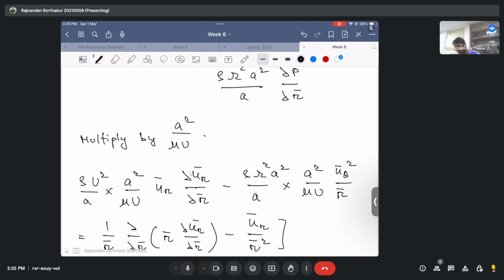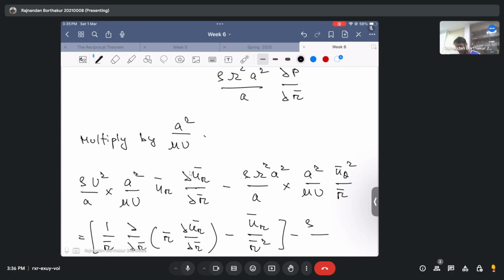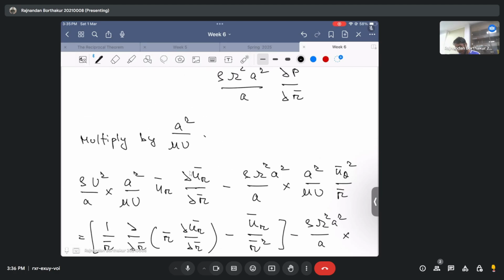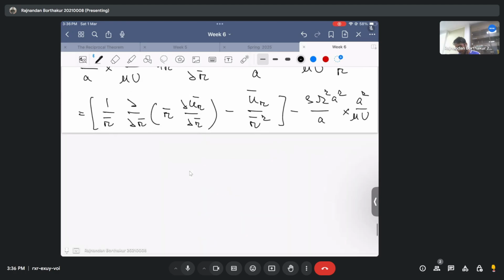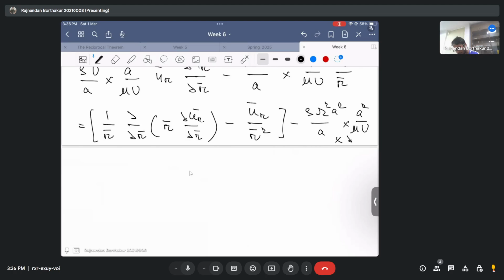This is the viscous term. And of course I also have the pressure, so pressure is just going to be rho times omega squared a squared by a multiplied by a squared by mu u, times del p bar by del r bar.